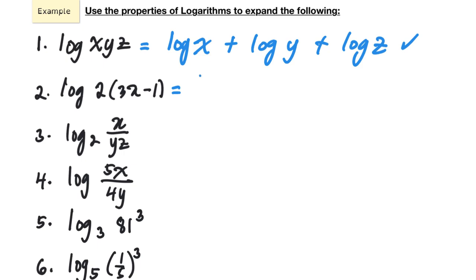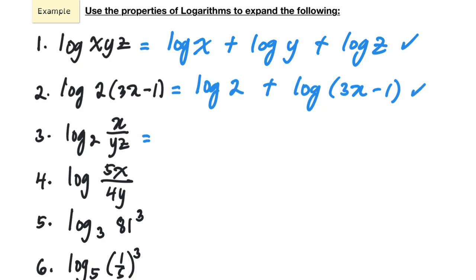If we expand this one, it's going to be the logarithm of 2 plus the logarithm of 3x minus 1. The third one is going to be logarithm base 2 of x over yz. This is going to be subtraction. So it's going to be logarithm, don't forget the base, 2 of x minus the logarithm base 2 of yz.